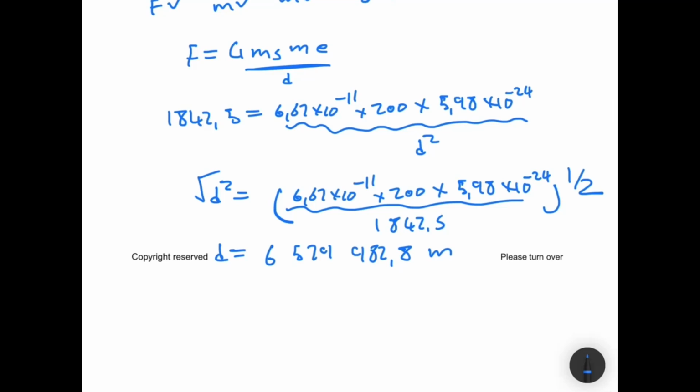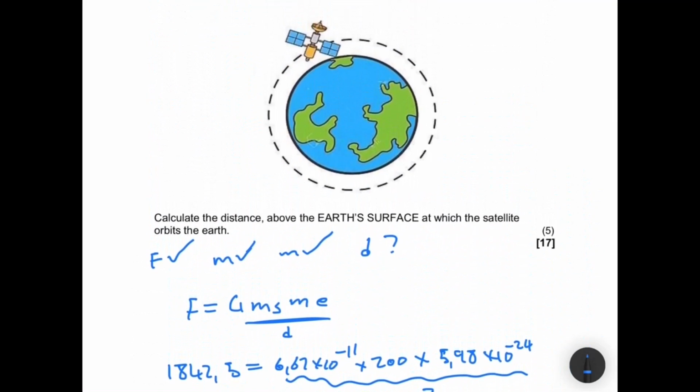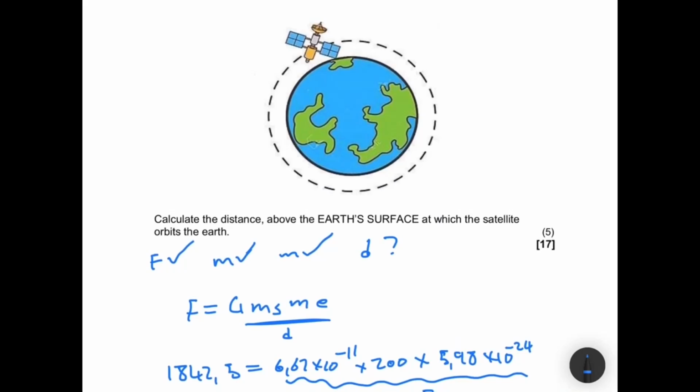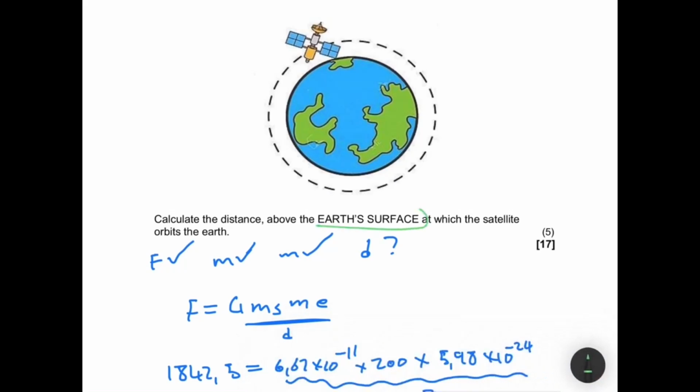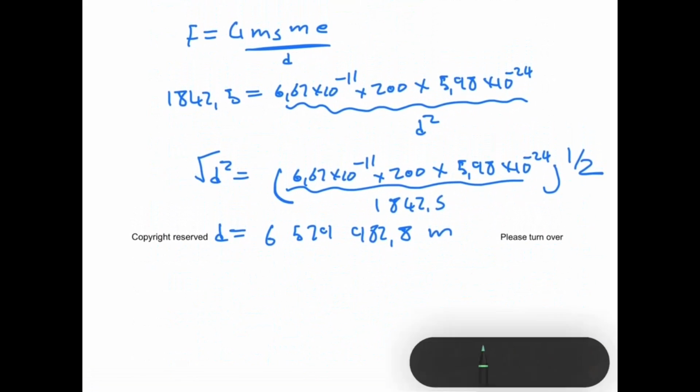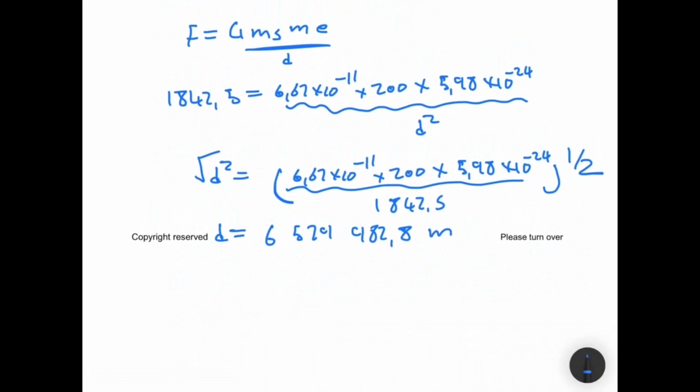But then we don't want the distance between the Earth and the satellite. We want the distance above the Earth's surface at which the satellite orbits, right? Even if you look in the question here, it's in bold, right? The distance above the Earth's surface. So that distance will be equal to the distance we just calculated right now minus the radius of the Earth.